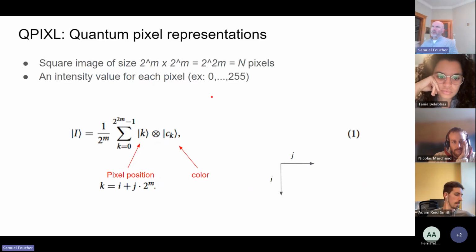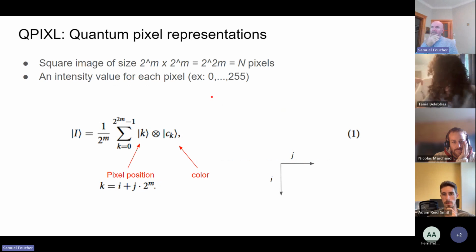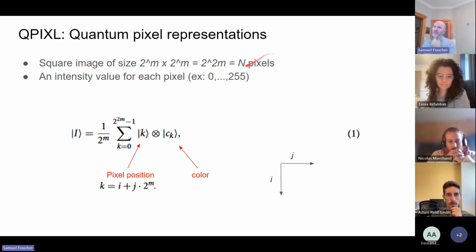So what's the goal? In the paper we are looking at a square image, 2 to the power of m on each side. So you have n pixels, which is 2 to the power of 2m, because of the 2 dimensions.